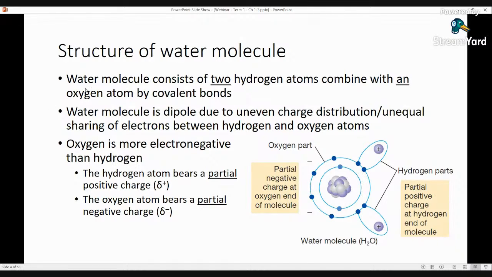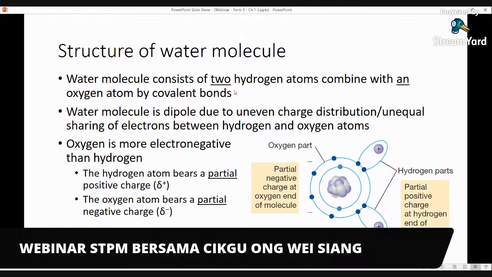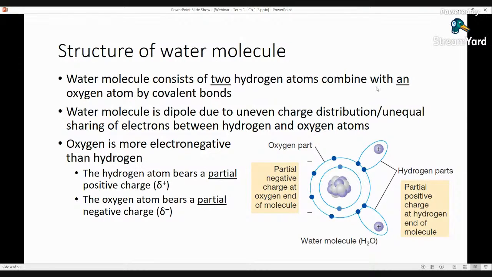As you know, a water molecule consists of two hydrogen atoms combined with an oxygen atom by covalent bonds. So you must write the number of hydrogen atoms and oxygen atoms, and that they are joined by covalent bonds.